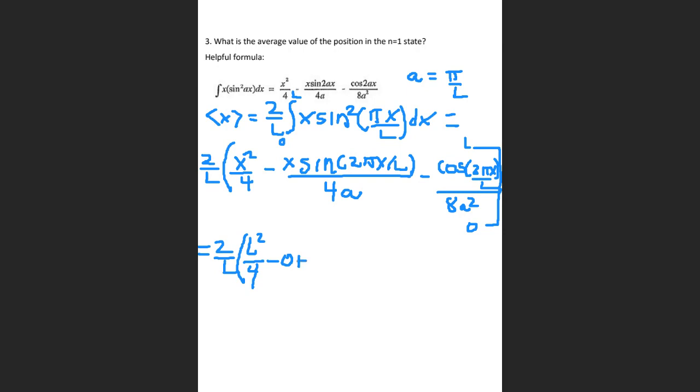So plugging in L and plugging in 0 both give zeros in the second term. If you plug L in for the cosine, you get cosine of 2 pi, which is 1. If you plug in 0, you get cosine 0, which is 1. So this is minus 1 over 8a squared plus 1 over 8a squared.